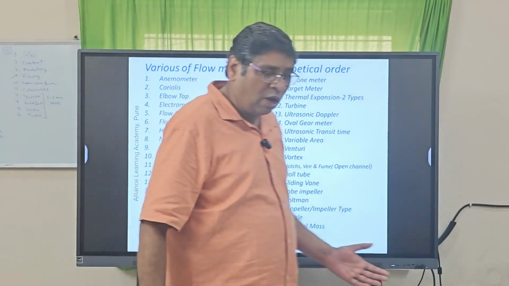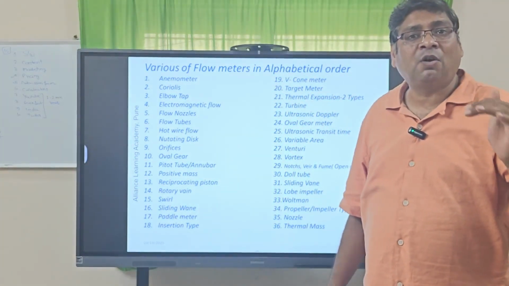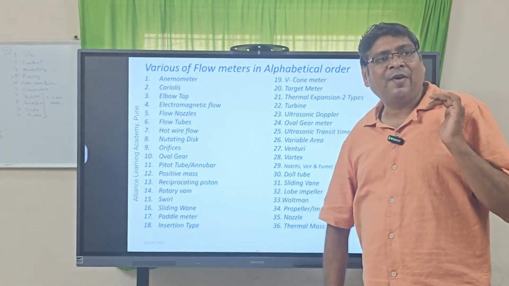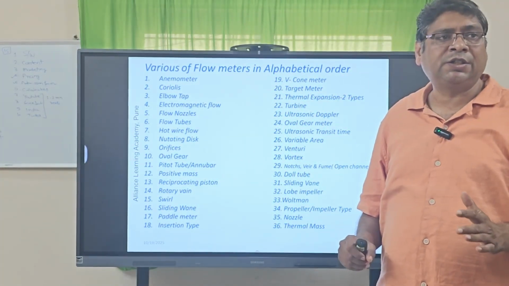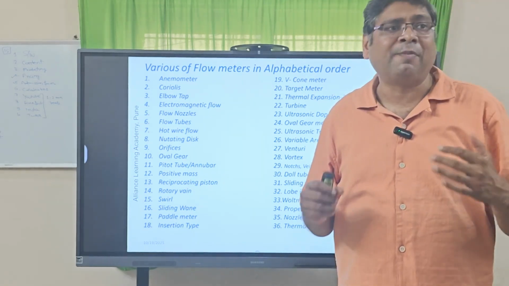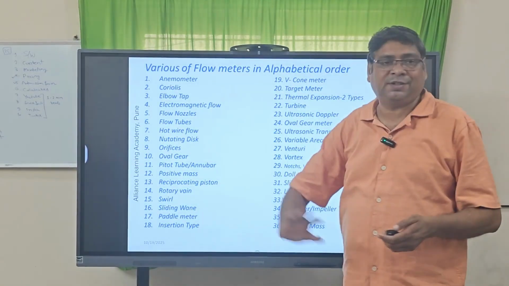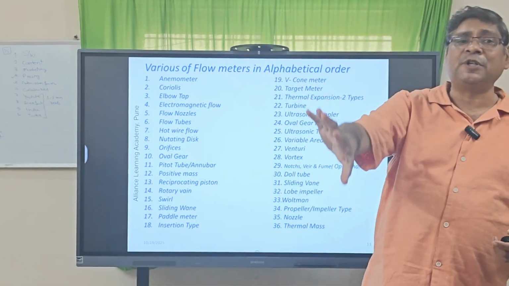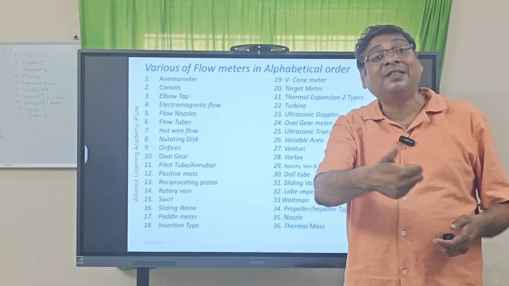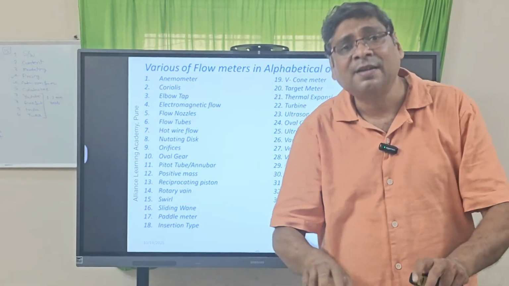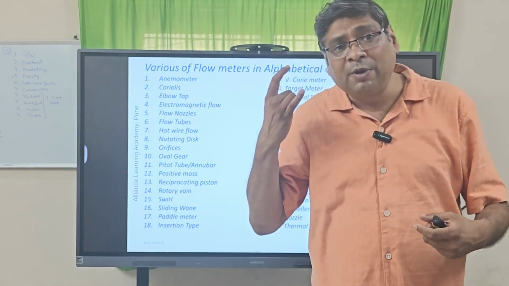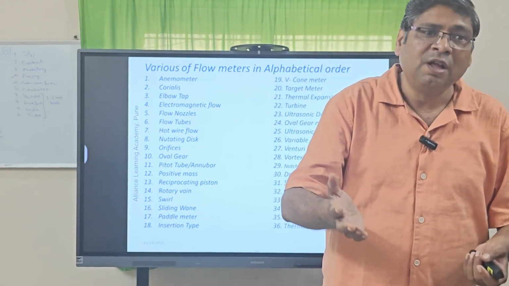Now, hello my dear friends, you can comment on this slide, because when I did my own research on flow measurements during my MS, I got to know these 36 flow meters based on those 5 principles. If you know of any 37, 38, 39, 40, please comment or call me. I am very thankful.